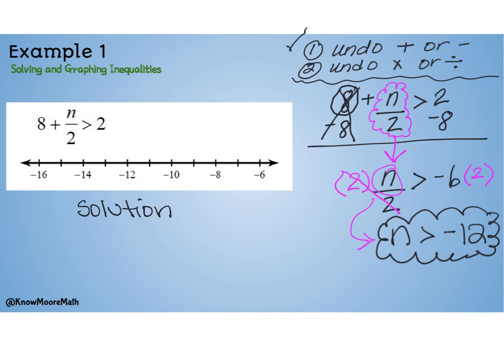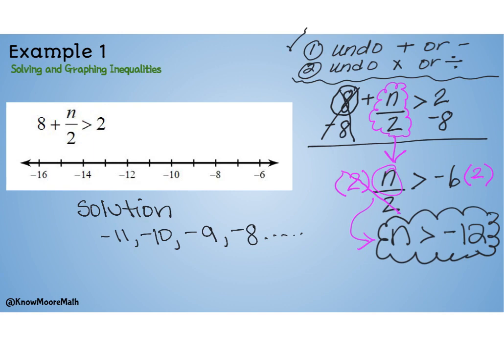So negative 12 is not included, so it has to be values that are larger than negative 12. So numbers that would be larger than negative 12 would be negative 11, negative 10, negative 9, negative 8, and so forth. Recall that the smaller the negative number is, it's actually larger because it's closer to 0.